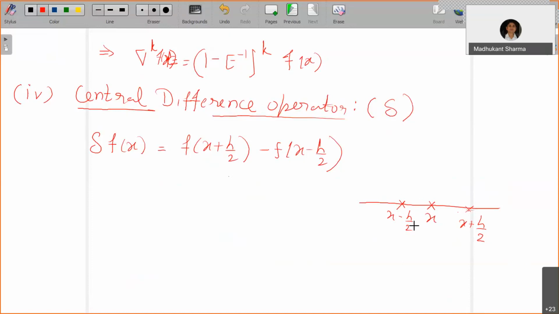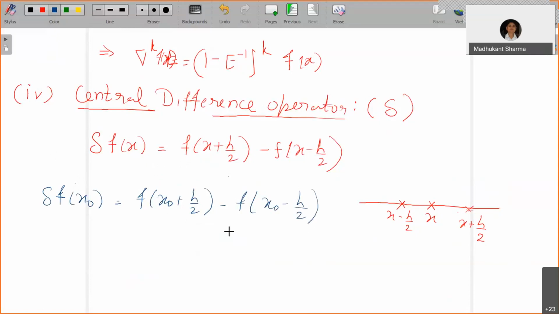Now how it will be useful is when you are going to use delta square. When you are talking about the node points, first the central difference operator, delta f at x naught, gives you f of x naught plus h by 2 minus f of x naught minus h by 2.